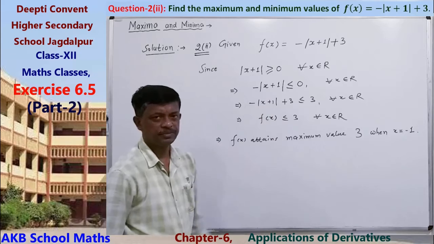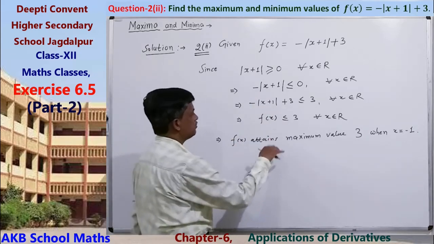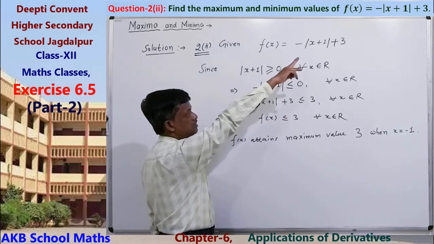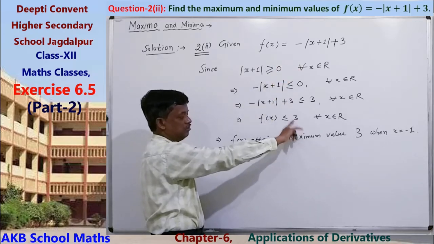If the modulus is equal to 0, then the value of the function is 3. So 3 is the maximum value.